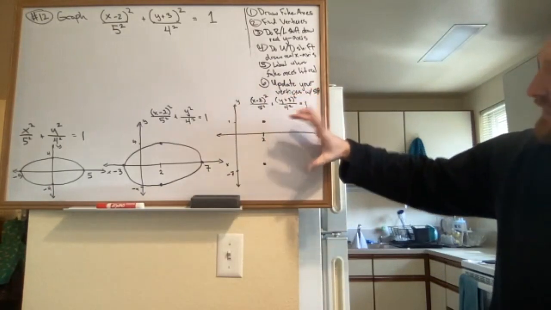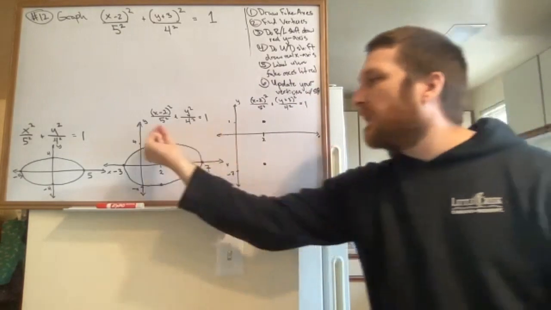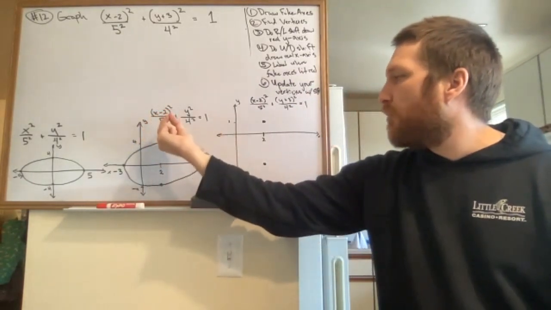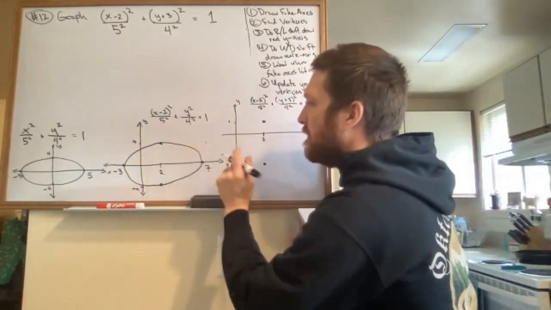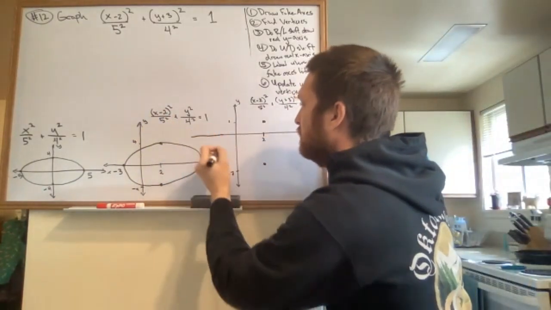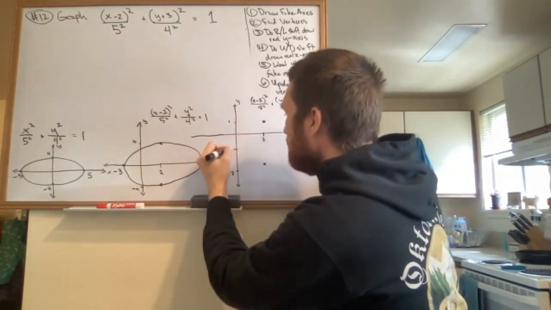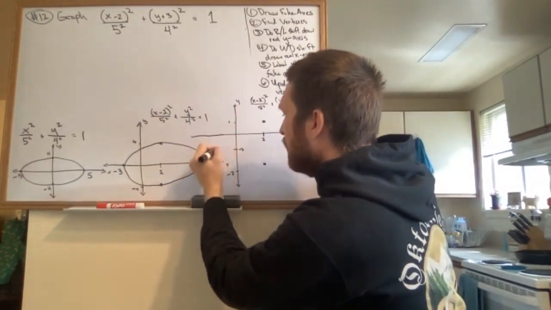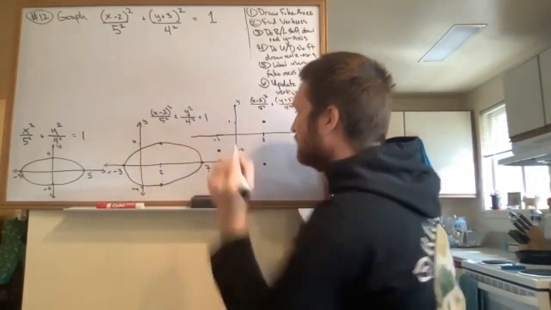So we just shifted everything down. So the thing that was at -3 is still at -3, but he's just been brought down to where? -3. So he should be at (-3, -3). So I'm going to put that right there and label it like that.